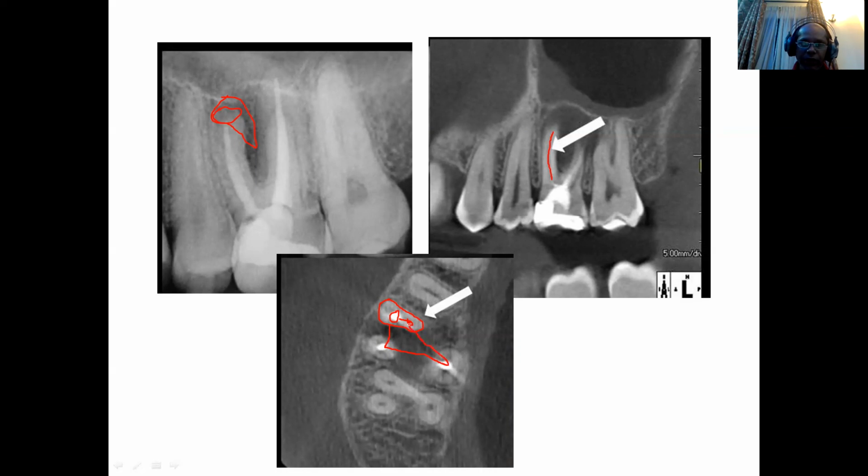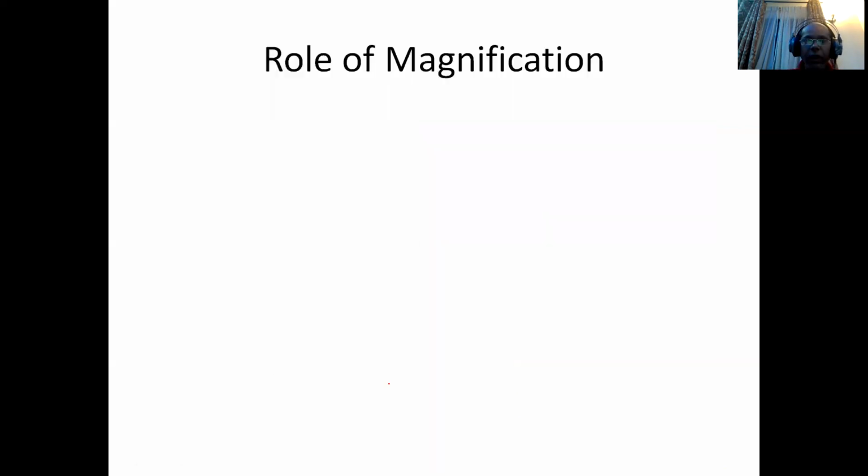So this is how the internal anatomy is visible in the CBCT coronal section. You can also see a second molar here, but in the second molar the chances of an MB2 canal are reduced. It has some chance of MB2 being present, but much less than the first maxillary molar.